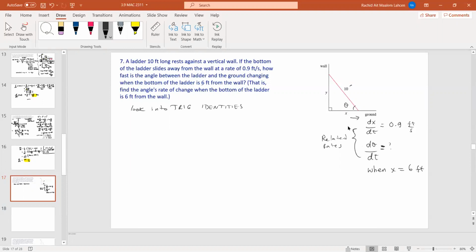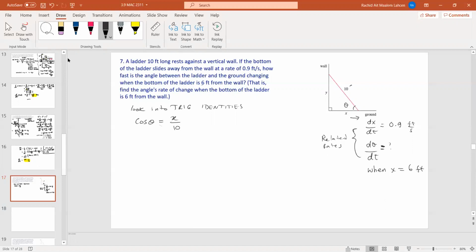The tangent is y over x. Maybe the sine is y over 10. We are interested in the x, so maybe let's look into the cosine of theta, which is the adjacent over the hypotenuse.